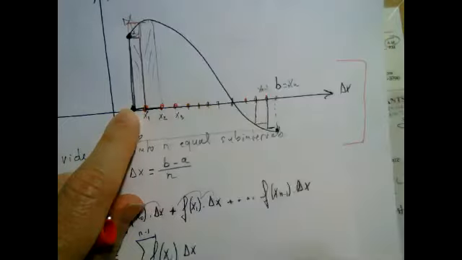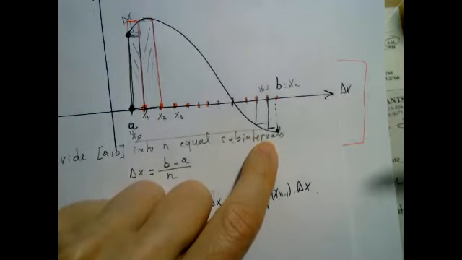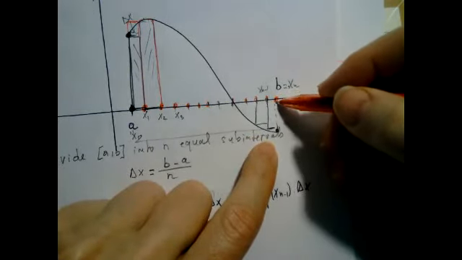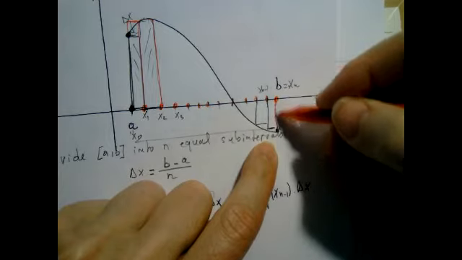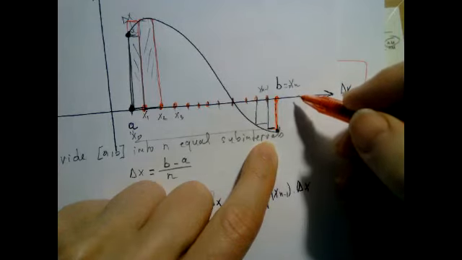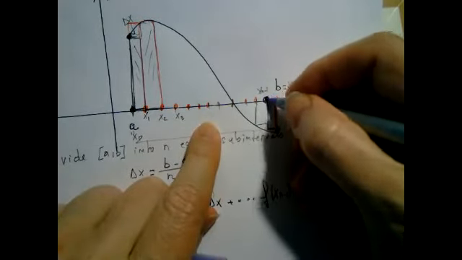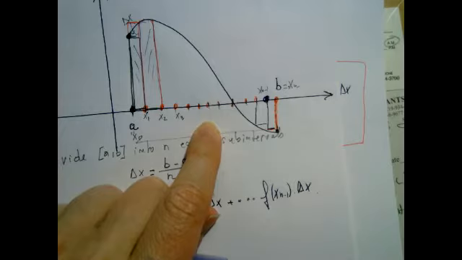Then I take the value at the right endpoint times the delta x, and I add to it the value of the function at the next right endpoint times the delta x. Now, what's the last right endpoint? It is this one, which is xn. In the left one, the last left point is the one before it, so we stop at xn minus 1. For the right one, we stop right there. Does that make sense? Thank you. Okay. Very good.